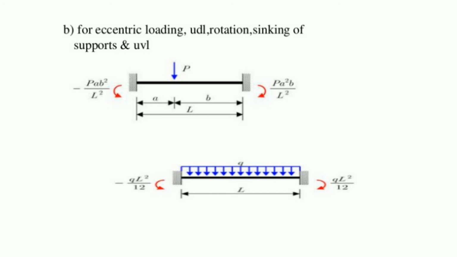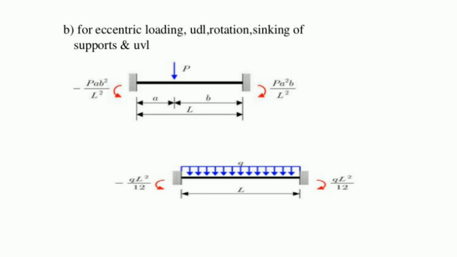square. The next case is when a beam is subjected to an overall uniformly distributed load. I have taken the uniformly distributed load as Q and L is the length of the beam.